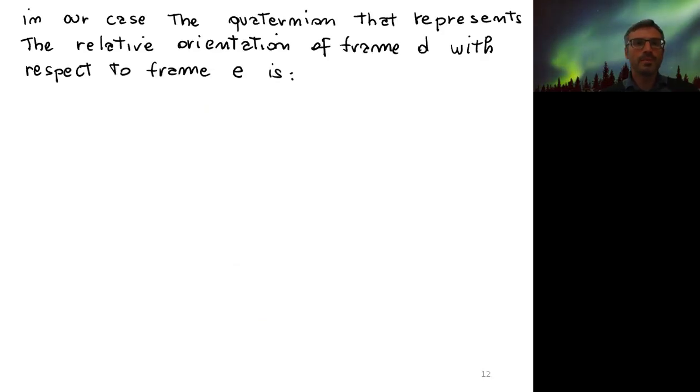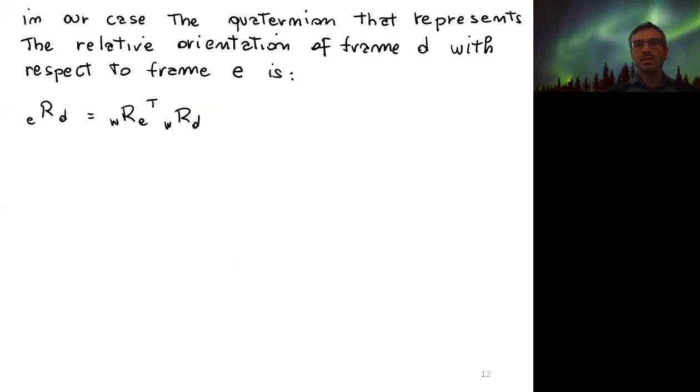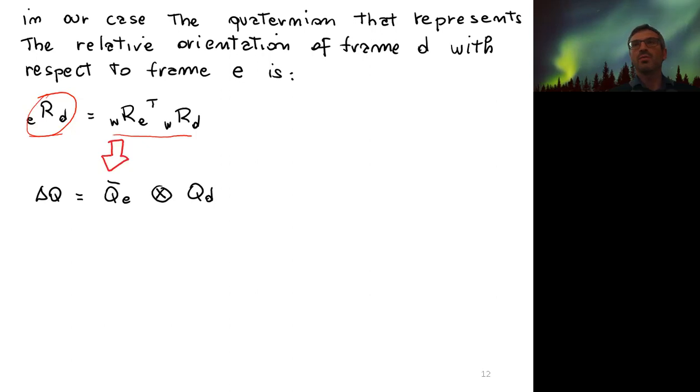Then we want to compute the quaternion that represents the relative orientation of frame D with respect to the end effector frame. According to what we explained, we have the expression from before with the rotation matrix that represents the relative orientation of the D frame with respect to the E frame. We do the same for the quaternion, where we compose, remember, this is the inverse of a quaternion.